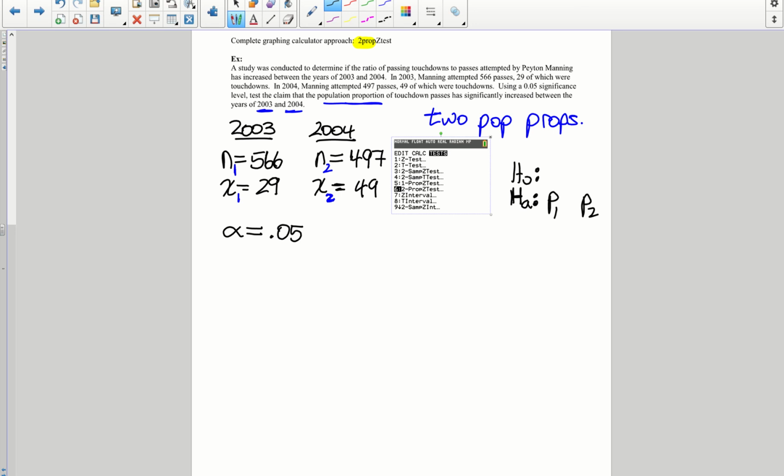All right, my first and second population proportions are related to one another. All right, this is the part that can be a little tricky, just because of the language. It says significantly increased. All right, most of the time we associate increase with more than, greater than, so you might just jump right to putting a greater than symbol in there. It's actually going to be a less than symbol. All right, less than shows an increase.